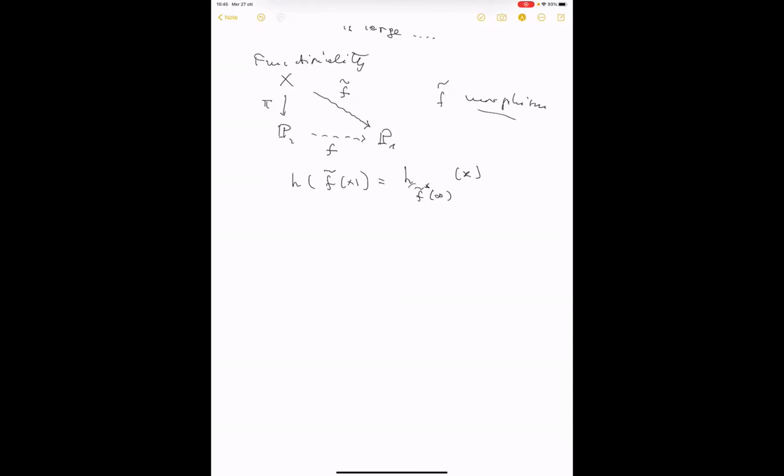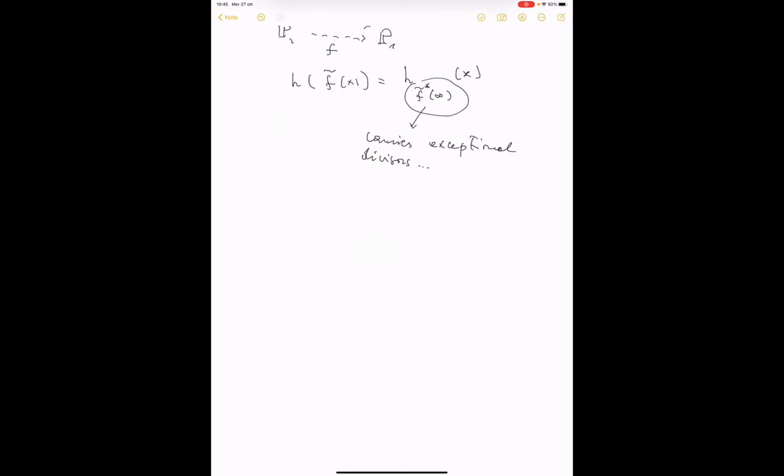And now what is interesting to explore this formula is to know what kind of divisor this pullback is. And here is all the difficulty. This pullback carries exceptional divisors, the exceptional divisors that appear in the blow-up. To analyze the height with respect to these divisors is very subtle.